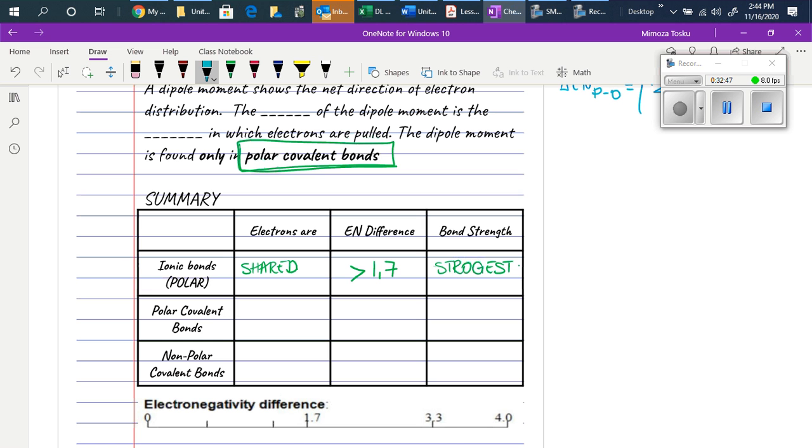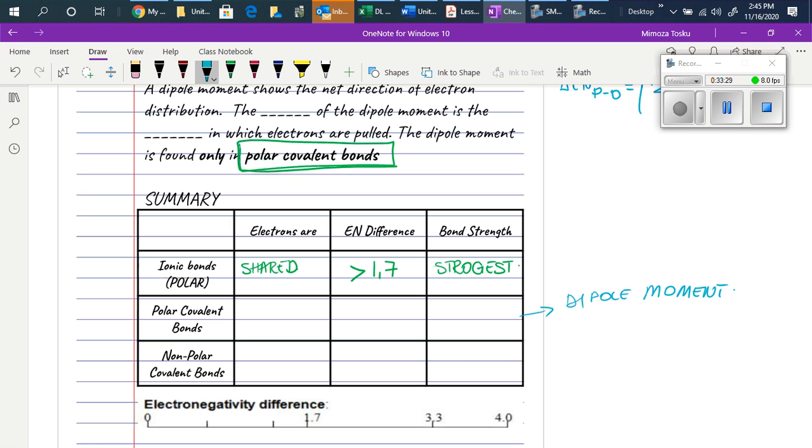Now, when we have a polar covalent bond, the electrons are not shared equally, and we will have a dipole moment. One of the atoms has a greater ability than the other to attract the valence electrons.